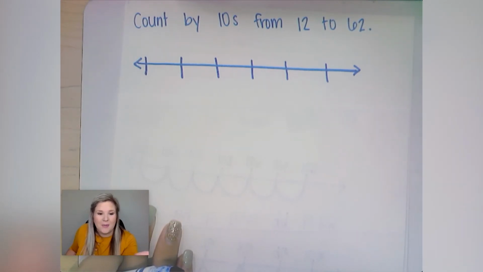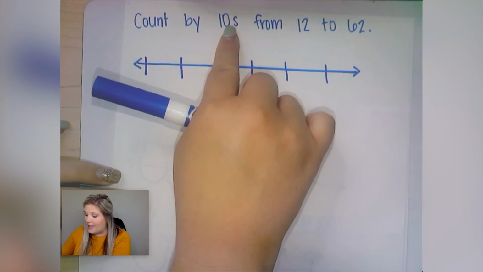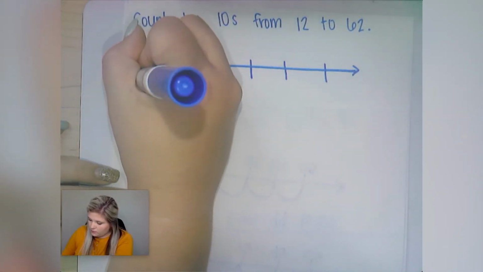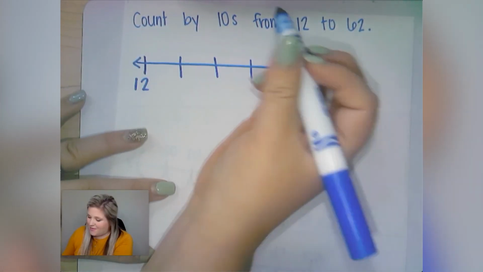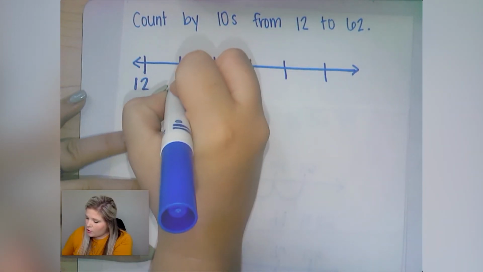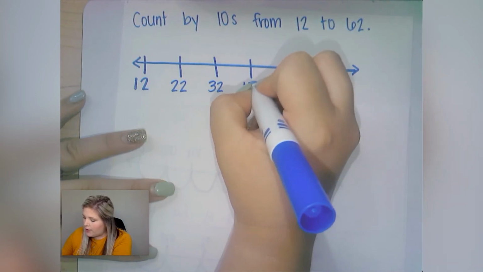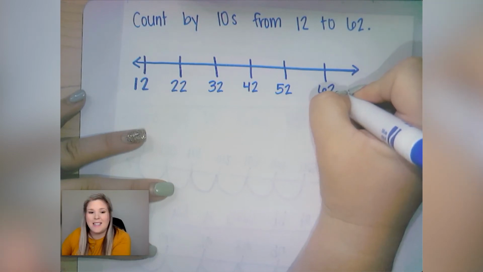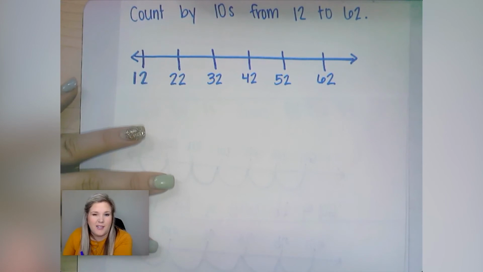When we label our counting marks, we are going to start with the number 12 because our problem asks us to count by tens from 12 to 62. 12, 22, 32, 42, 52, 62. You label your number line too.